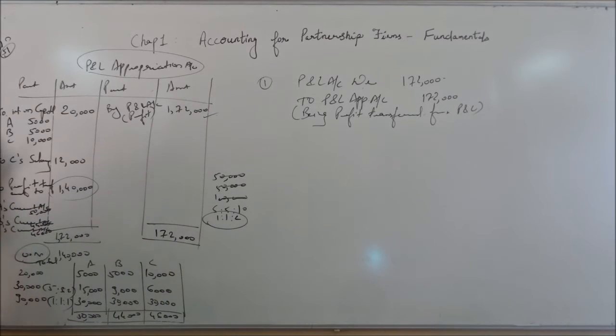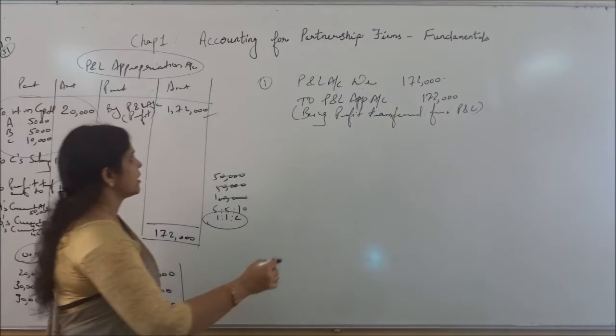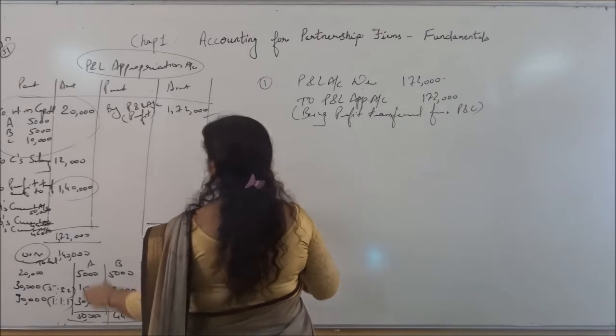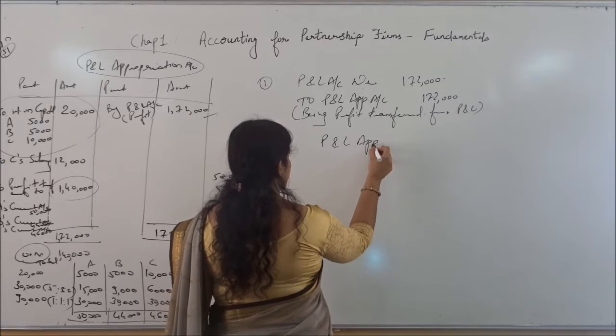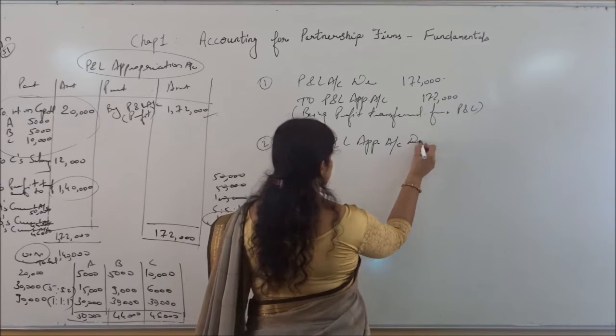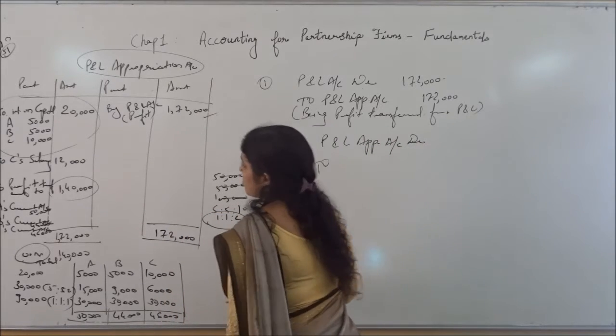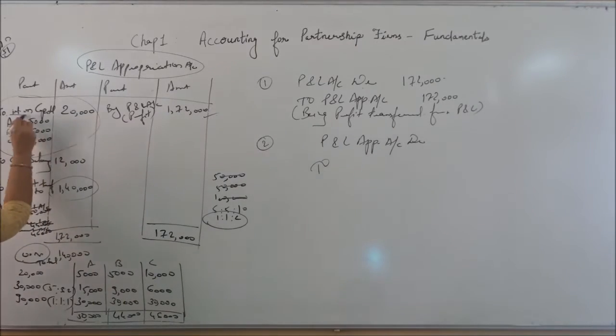Now come to this side, in the debit side, you can see the second entry. This complete thing is a debit side entry, so it will go in the credit side. Debit again, what will come? The name. What entry will be there? P&L appropriation account DR to interest on capital.